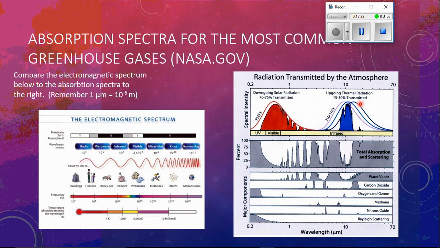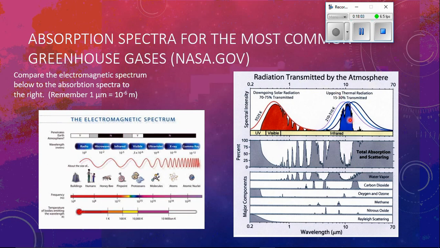On the right-hand side, we've got the upgoing thermal radiation, so from our planet into our atmosphere. And if you see here, the majority of that thermal radiation is in the form of infrared energy or photons that have a wavelength of 10 to the negative fifth.